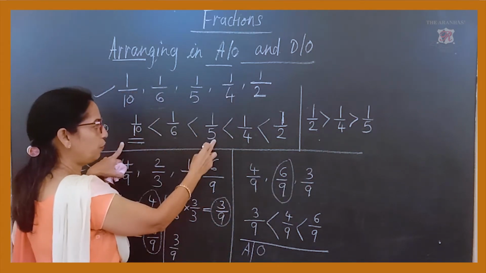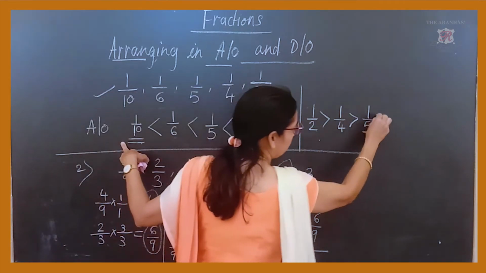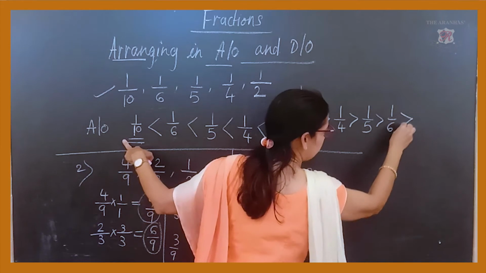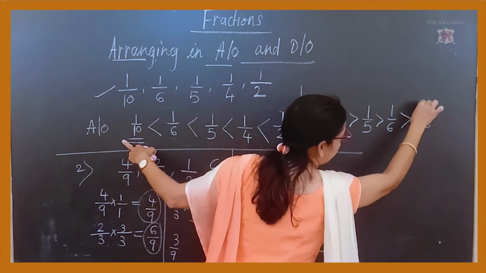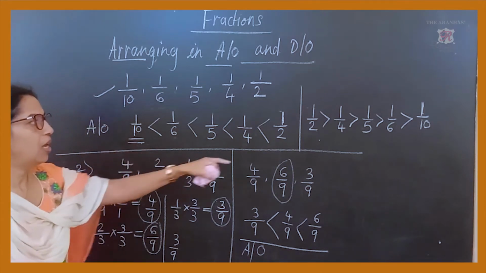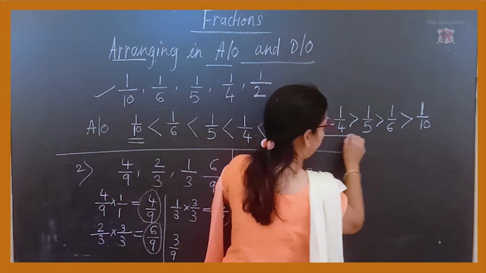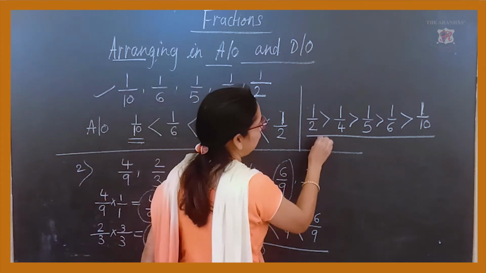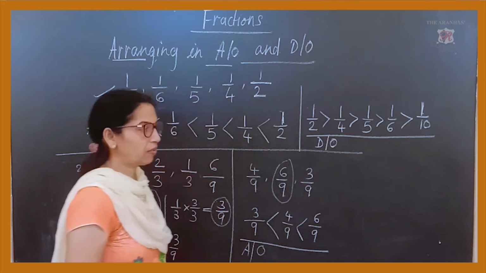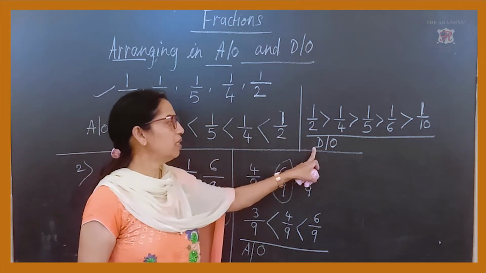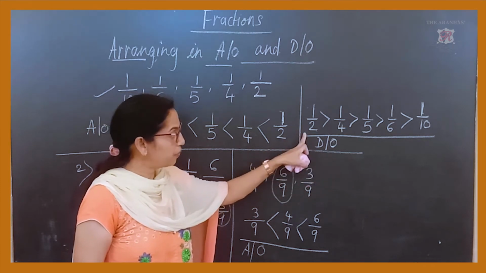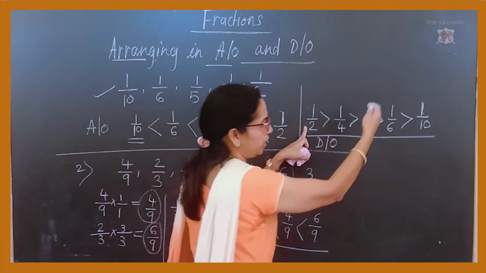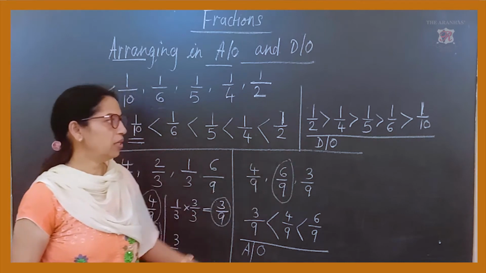Again 1 upon 5 will be bigger than 1 upon 6. And at the end you can write 1 upon n, which is the smallest fraction. So when you arrange bigger to smaller fractions, that will be your descending order. For writing the descending order, you write first the bigger fraction and go on writing sequentially to the smaller fractions.